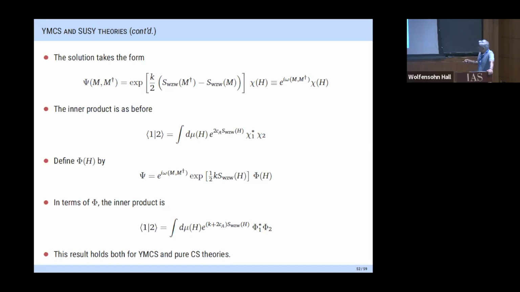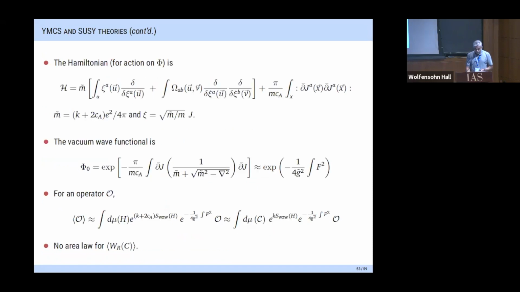Why is this such a nice thing to do? This is a good thing to do because, first of all, this result is true independent of whether I have a Yang-Mills term or not. Pure Chern-Simons theory, this is the inner product. Chern-Simons theory with Yang-Mills theory, this is still the inner product. The difference only arises when you talk of Hamiltonians and so on. The inner product is the same.